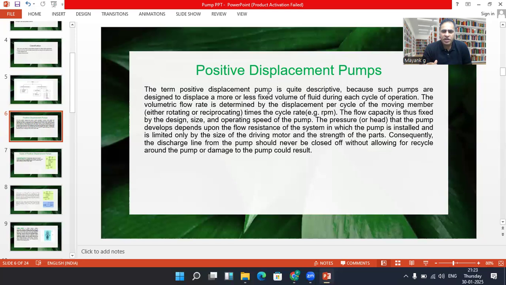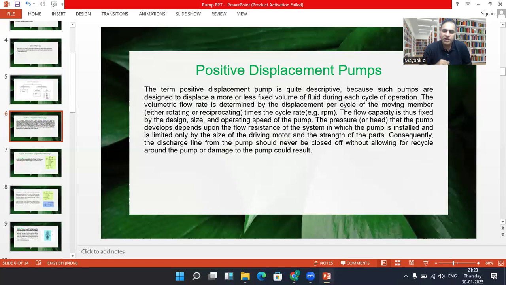The flow capacity is fixed by the design size and operating speed of the pump, and the pressure is determined by the flow resistance of the system in which the pump is installed, and is also limited by the driving motor size. If the motor rating is less, the pressure will be less, and if the motor rating is more, the pressure will be more.